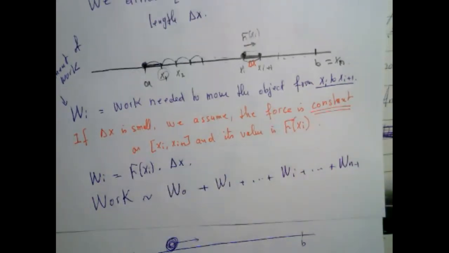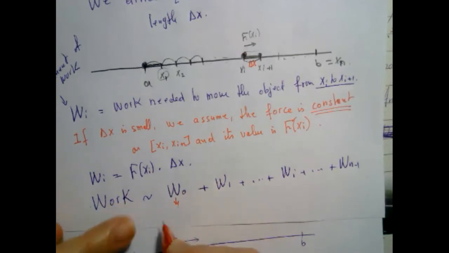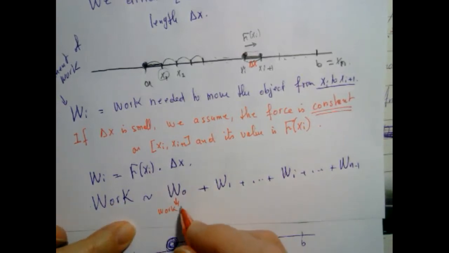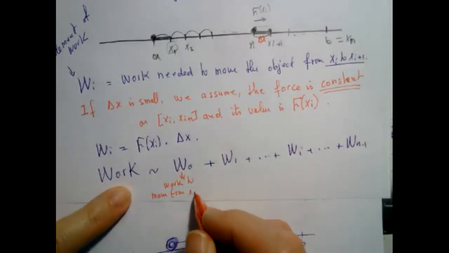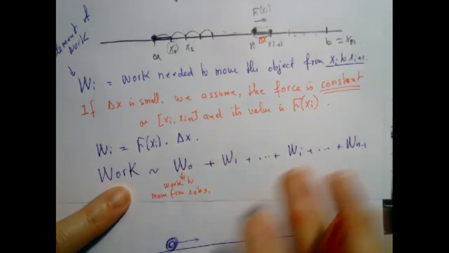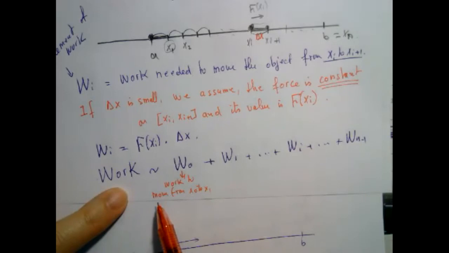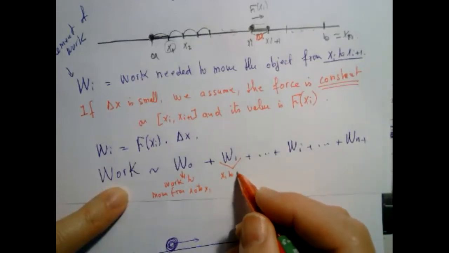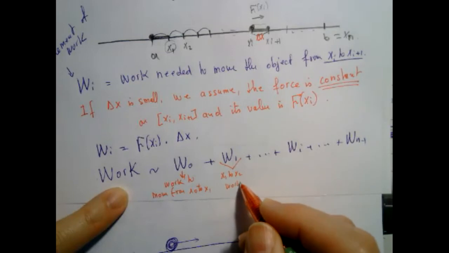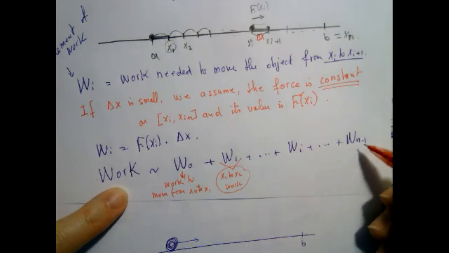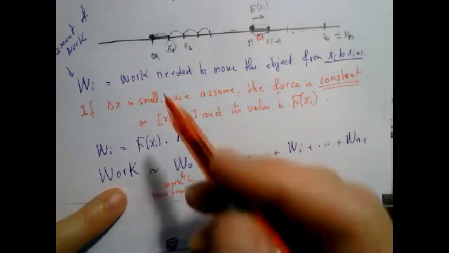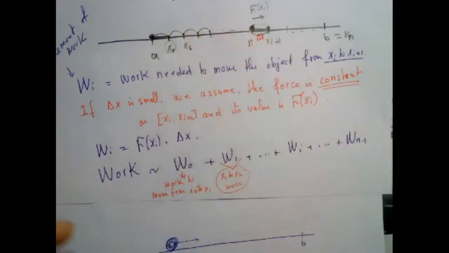So remember, W0 for me is the work to move from x0 to x1. That's W0. This is from x1 to x2, the work. This is from xi to xi plus 1, and this is from xn minus 1 to xn. So I computed, added a little bit of work for each one.